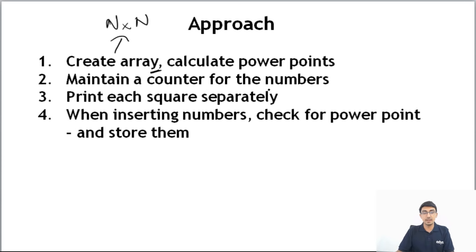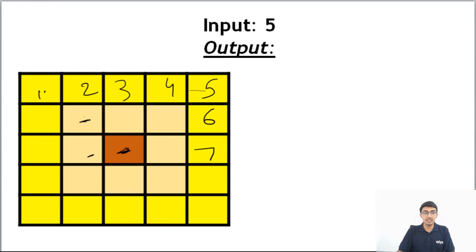Then after that, we'll maintain a counter for the numbers. Why do we need to maintain a counter? Generally, if we were doing a normal 2D array, then the row numbers and the column numbers would be really sequential. For example, you would have 1, 2, 3, 4, 5, and you would have 6 from here. So that would be really sequential for us. But what's happening now is we have a custom numbering.